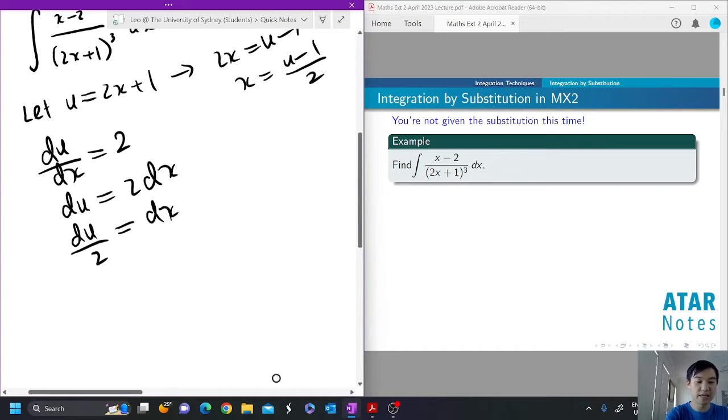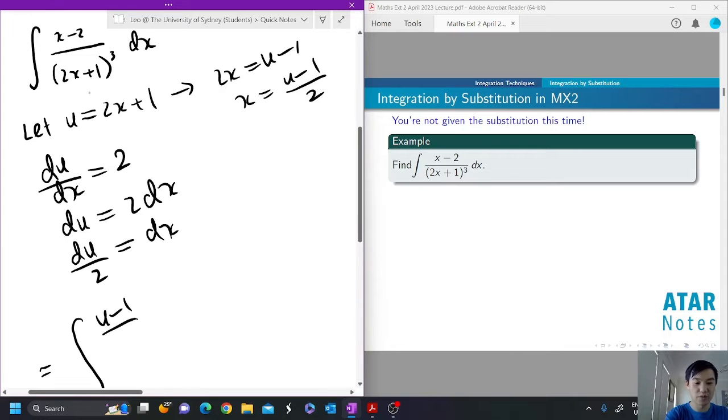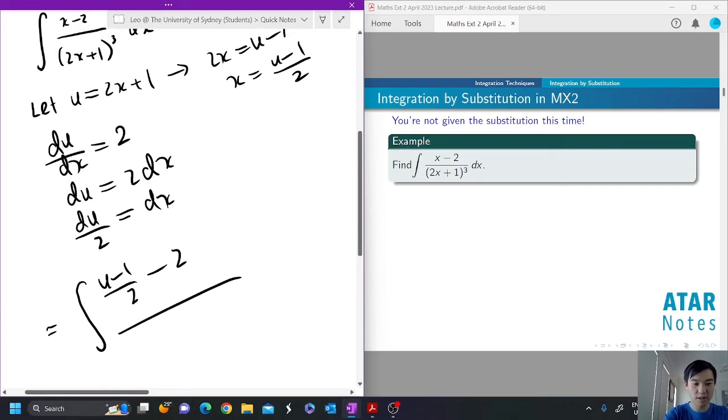So therefore the integral is going to become x minus 2, which is (u minus 1) over 2 minus 2, over 2x plus 1, which is u cubed, times the dx, which becomes du over 2.